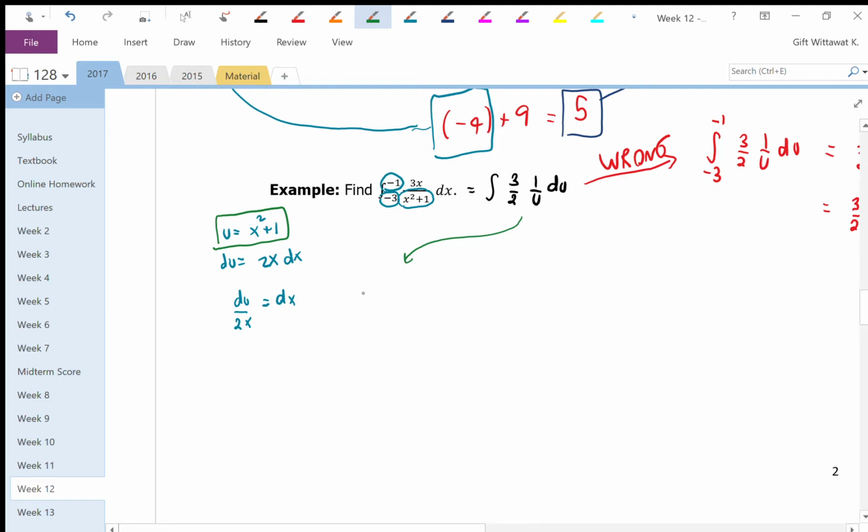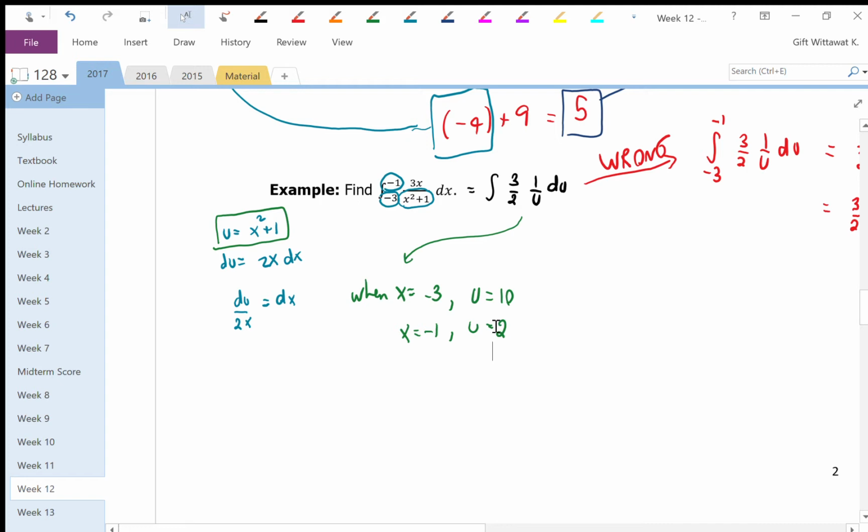When my x is -3, my u is -3 squared plus 1, which is 10. And when my x is -1, then my u is 2. You can mentally check that when x runs from -3 to -1, x squared plus 1, which is u, actually runs from 10 to 2.